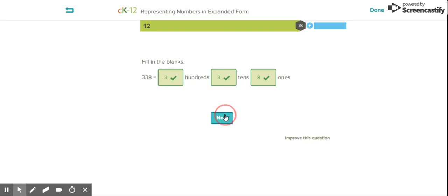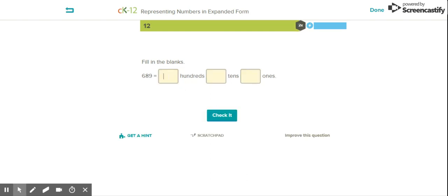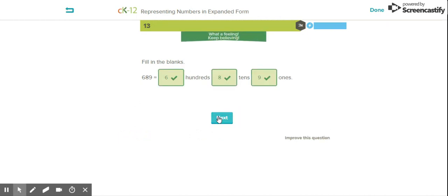Check it again. Let's do one more. We know that that 6 is worth 600, so 6 hundredths. We know that that 8 is worth 80 or 8 tens, and the 9 we know is just worth 9 ones, just 9. We check that, and it tells us that we have gotten 13 in a row correct.